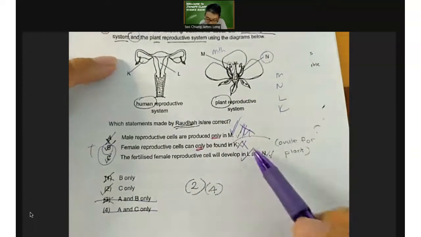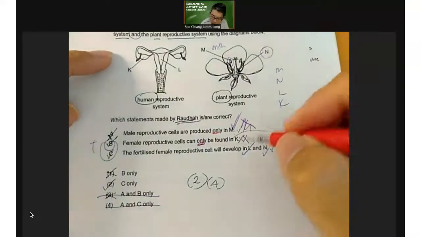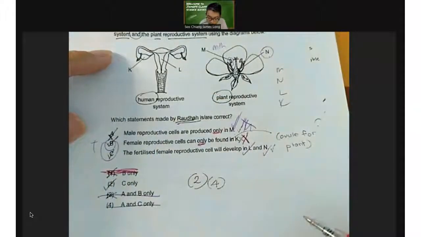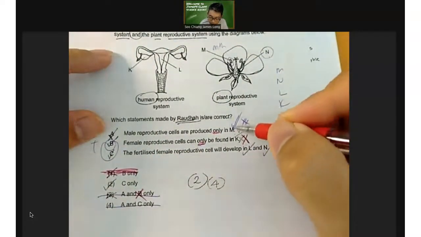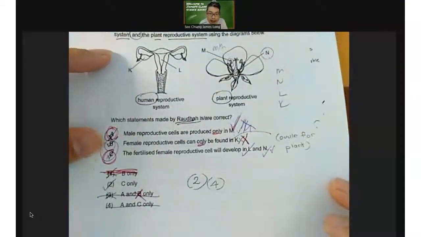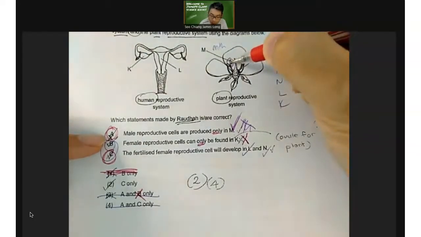Okay, let's see again. B is wrong. What am I talking about? So sorry. B is wrong, right? So B cannot be the answer. We say A is correct, so it's A and C. So sorry, I looked at the wrong one. So the answer is A and C. Male cells are only found in the anther.